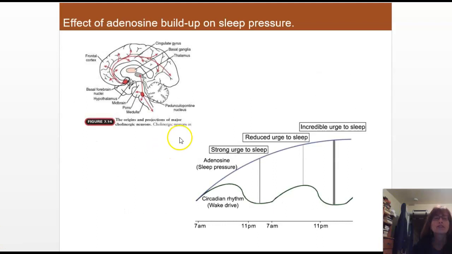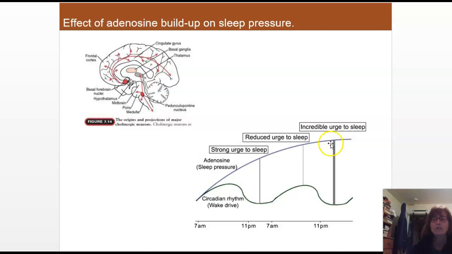And just to show you this as a picture, this is what happens here, 7 a.m. Right now, we're assuming this is when someone wakes up. We're going to have very low levels of adenosine, but as the day progresses, as you keep thinking and using your brain and using energy, it gets later and later, those adenosine levels build up, and they are a secondary way in which sleep is induced.